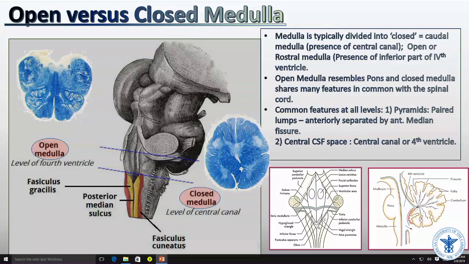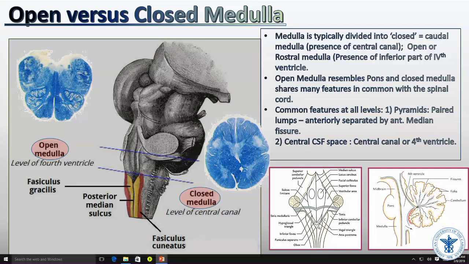And therefore, it's important to differentiate between the open medulla and the closed medulla. The open medulla is very similar to the pons because it's transitioning from the pons to the medulla. So it looks a little similar to the pons, but there are important differences, and we'll come to that.